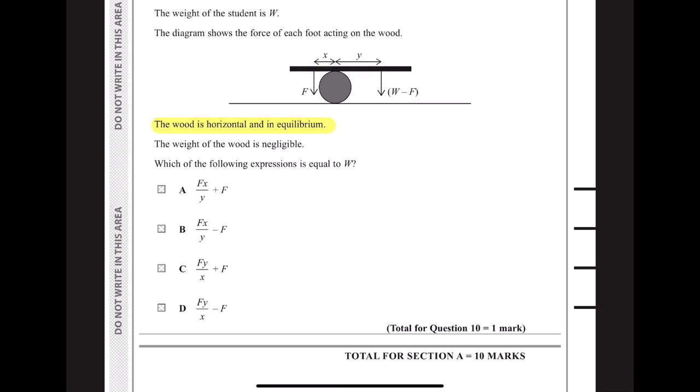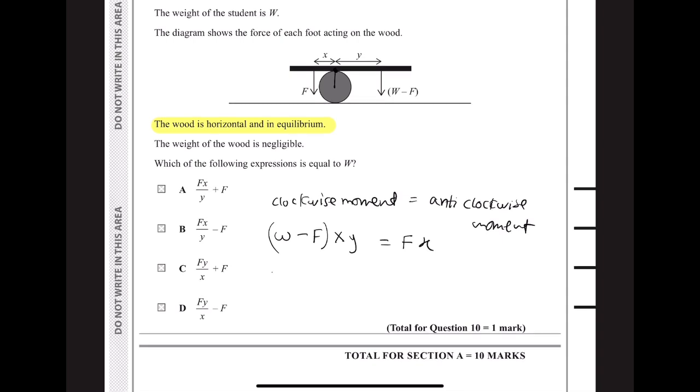If you consider this point to be the pivot, we have clockwise moment equals anti-clockwise moment. The clockwise moment is (W minus F) into y, which equals Fx.